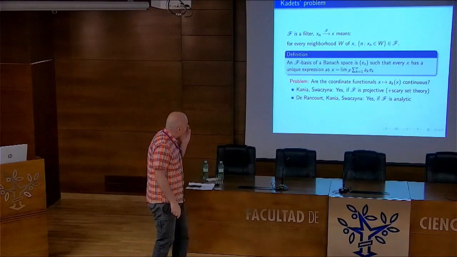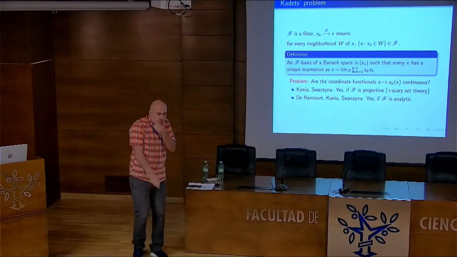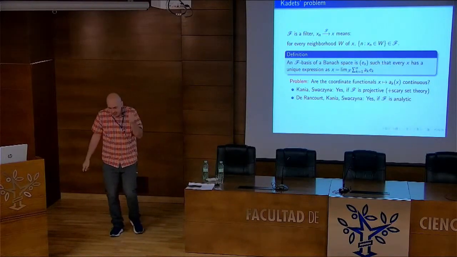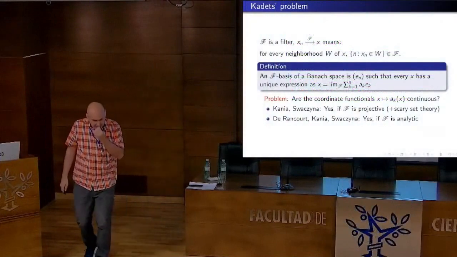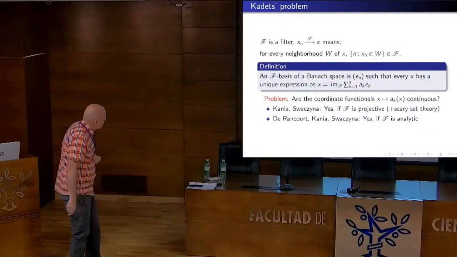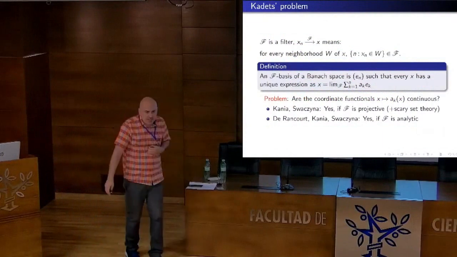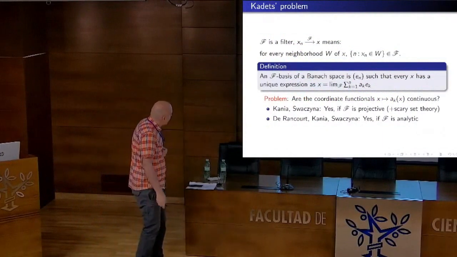And then last spring, in May last year, I was in Canada. I was in Toronto, and there was a program, one of these programs at the Fields Institute, and I was there.